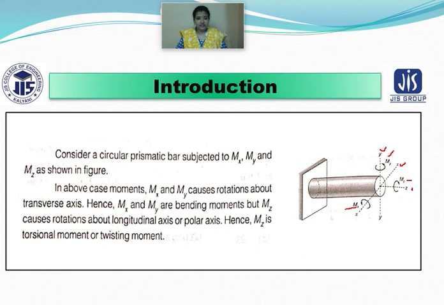From this figure you can see three different moments: mx, my and mz. In case of mx and my, the moment is caused by rotation about the transverse axis. But mz is caused by rotation about the longitudinal or polar axis, and so mz is known as the torsional moment or twisting moment.